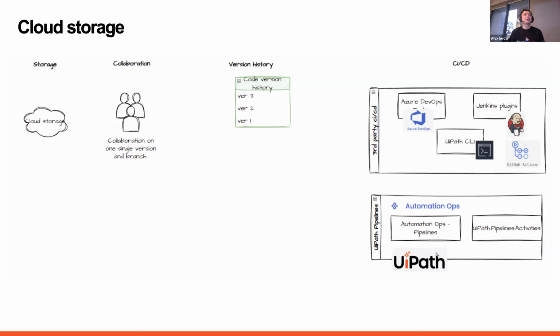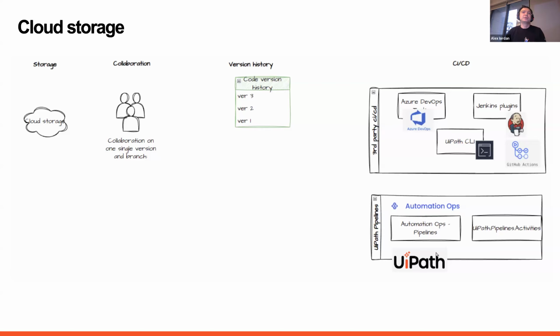So let's get started with the cloud storage here. I wanted to showcase an option of code versioning and collaboration for users that are not that experienced and maybe won't have such advanced scenarios.